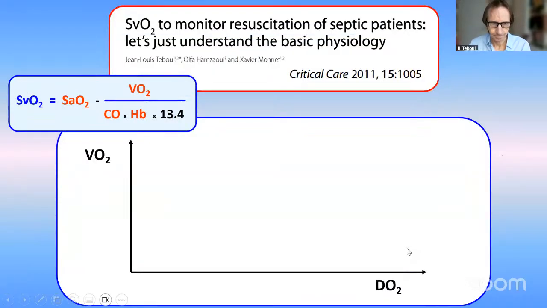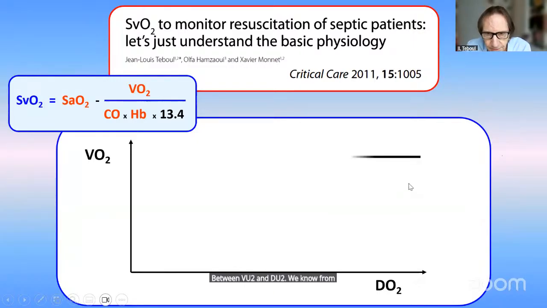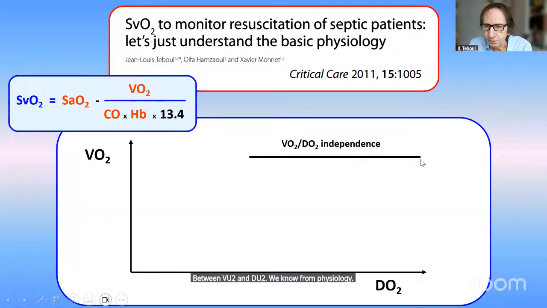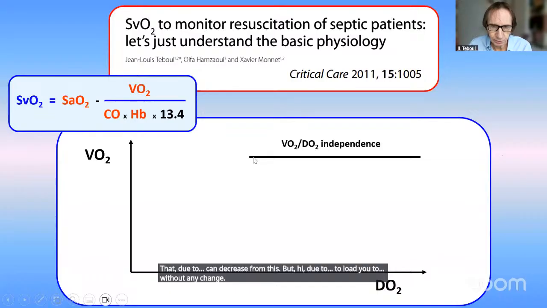Another point is the relationship between VO2 and DO2. We know from physiology that DO2 can decrease, from high DO2 to low DO2, without any change in oxygen consumption.